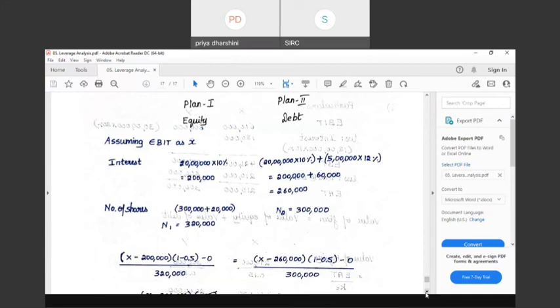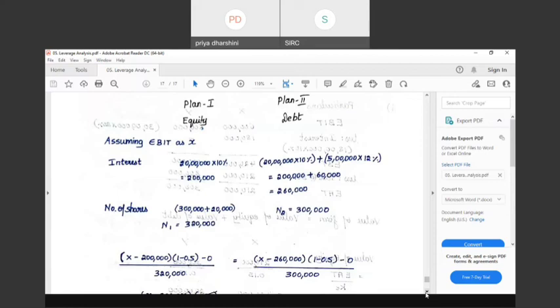Okay, right. So now please take illustration number 52. ABC Limited wants to raise 5 lakh as additional capital. Page number in my book, it's 454. Illustration 52, page number 454. ABC Limited wants to raise 5 lakhs as additional capital.